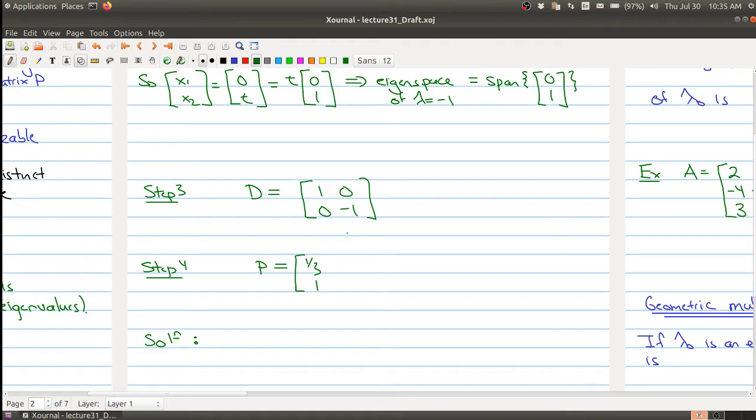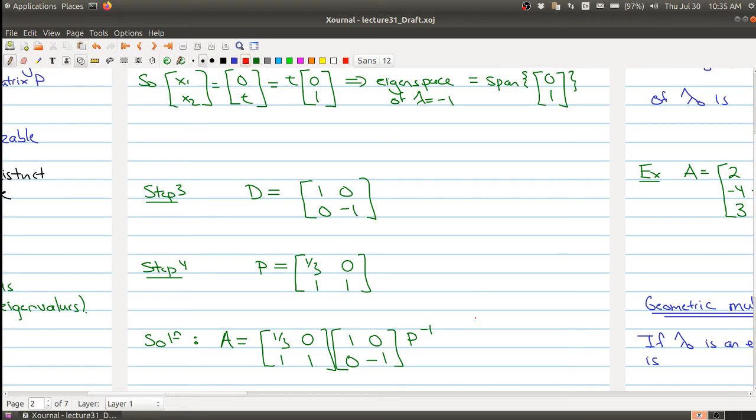And then the eigenbasis for the second one is (0, 1). And so our solution is now going to be A is equal to P, the matrix with columns (1/3, 1) and (0, 1), then the diagonal matrix with 1, 0, 0, minus 1, and then P inverse. And normally we don't really care what P inverse is.